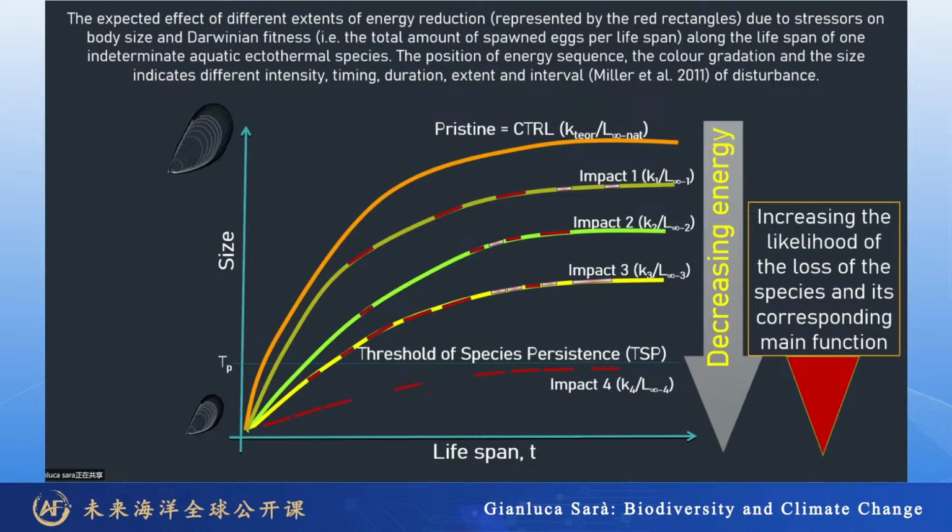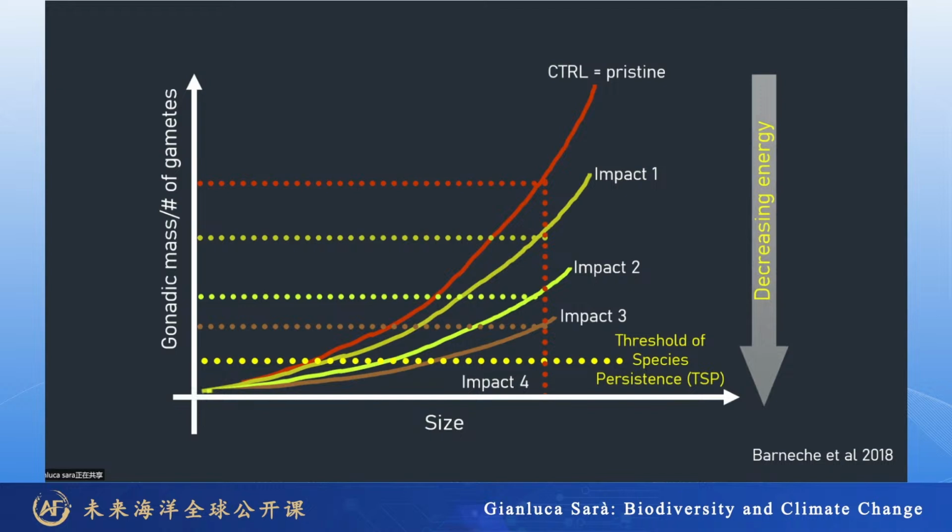The effect is immediate on the amount of the reproductive output. There is a link between the body size and the reproductive output, the number of eggs produced per gram of body size, and in this case Bas Kooijman has used this theory to build the dynamic energy budget theory.